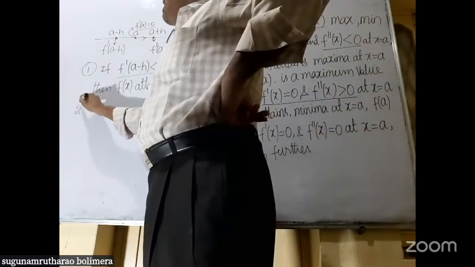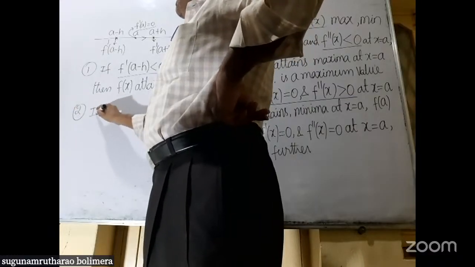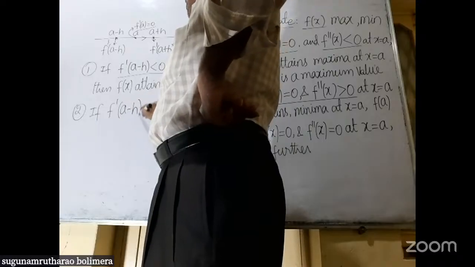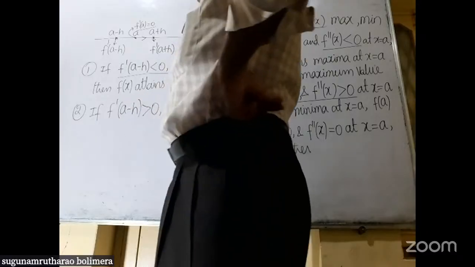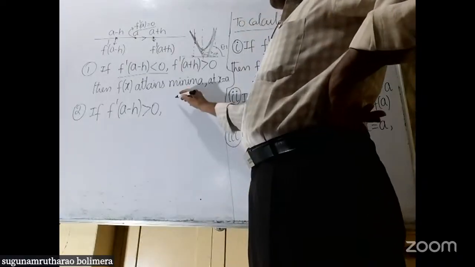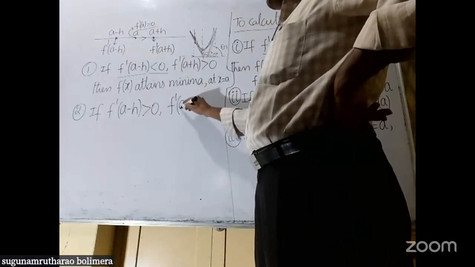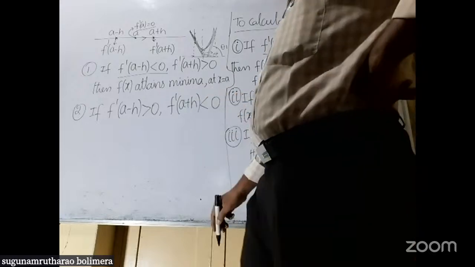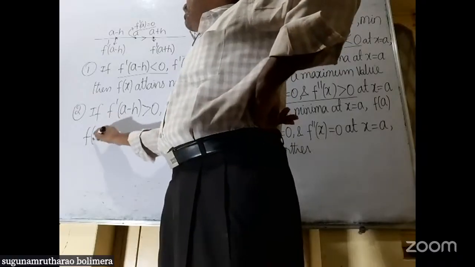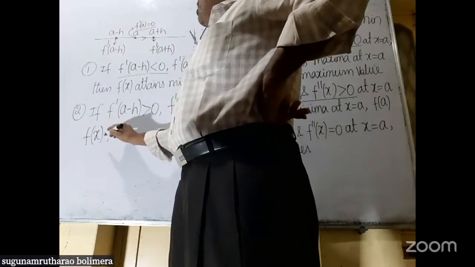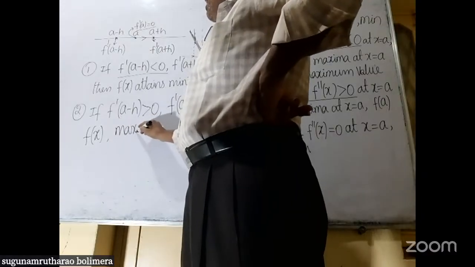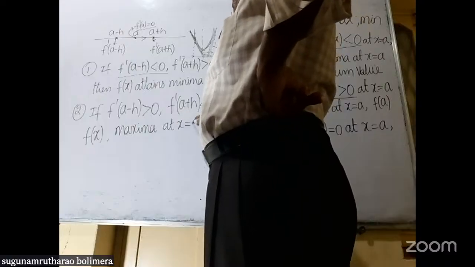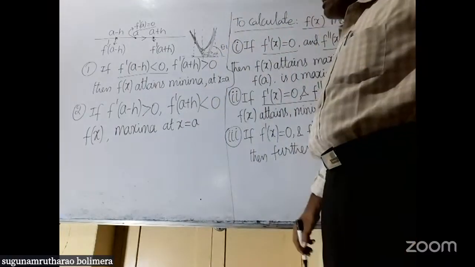Second one, in this third point: if f dash of a minus h is positive and f dash of a plus h is negative, then f of x attains a maximum at x equals a.